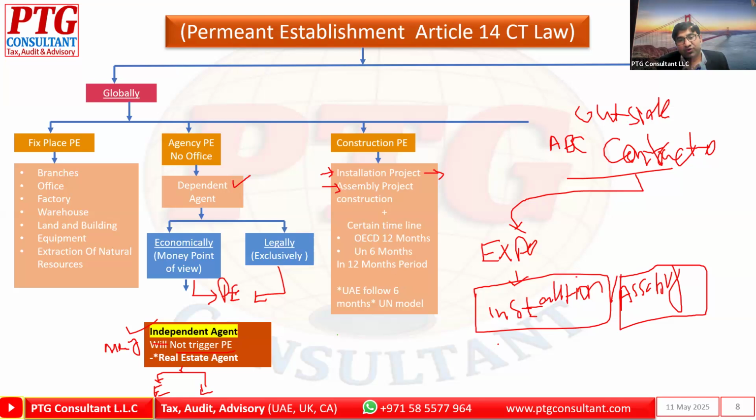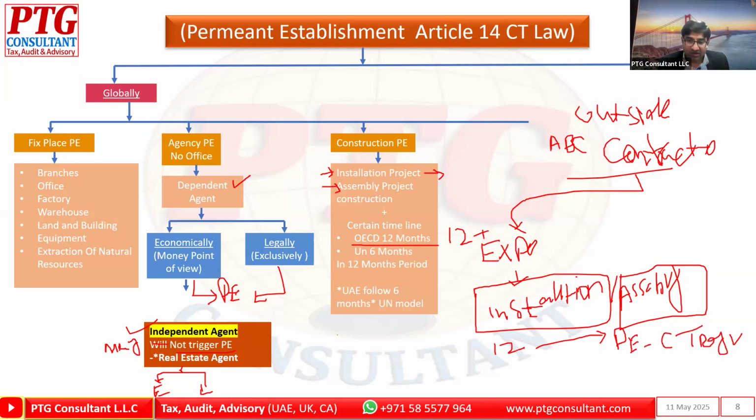There are two models. One is the OECD, which says more than 12 consecutive months. If this company works here in UAE for 12 months, as per the OECD model, it will be PE, and then it will be subject to city registration.